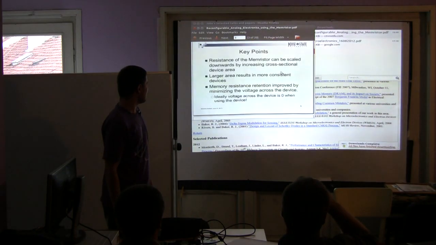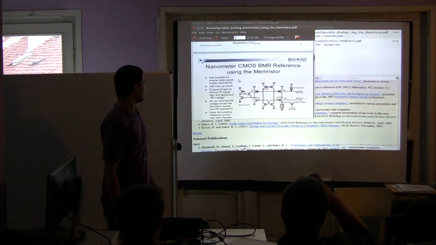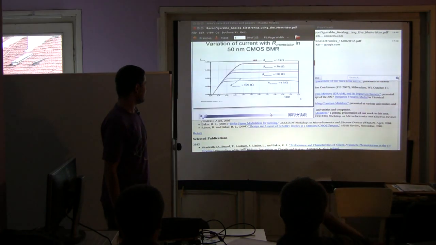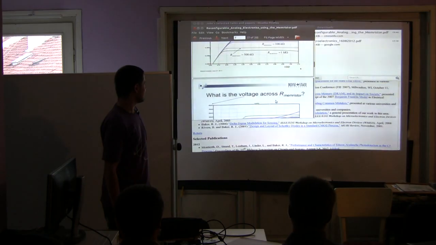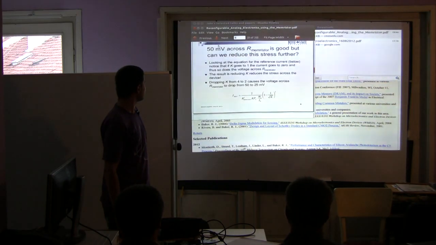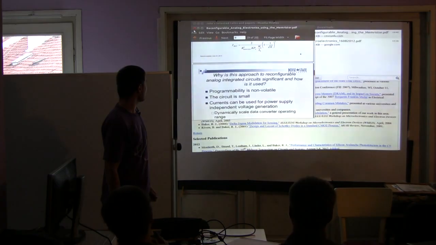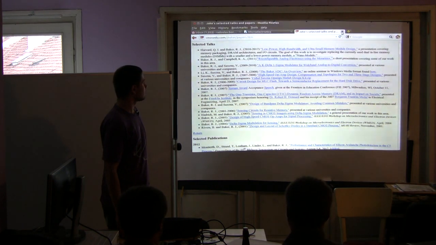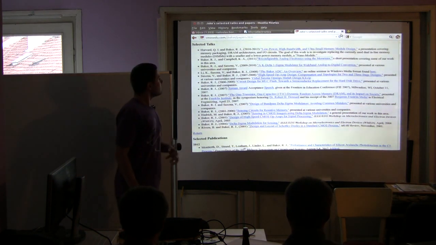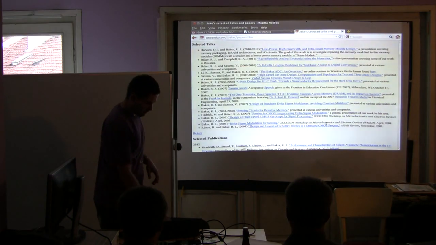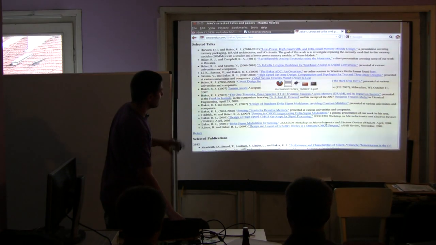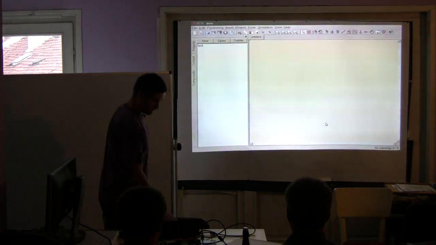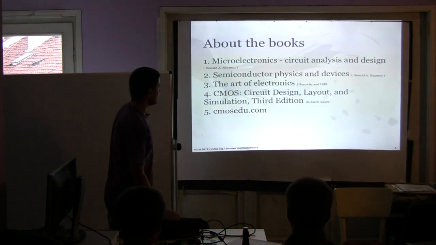So this is the key point, and he is explaining some things about it. So this was my introduction about the books. Because probably you are going to use them as references later when you try to make some circuit by yourself.